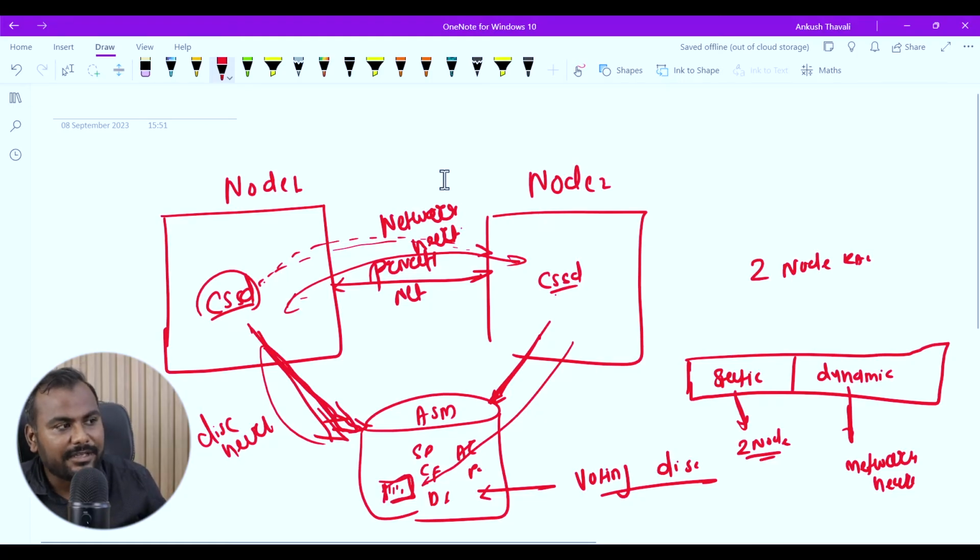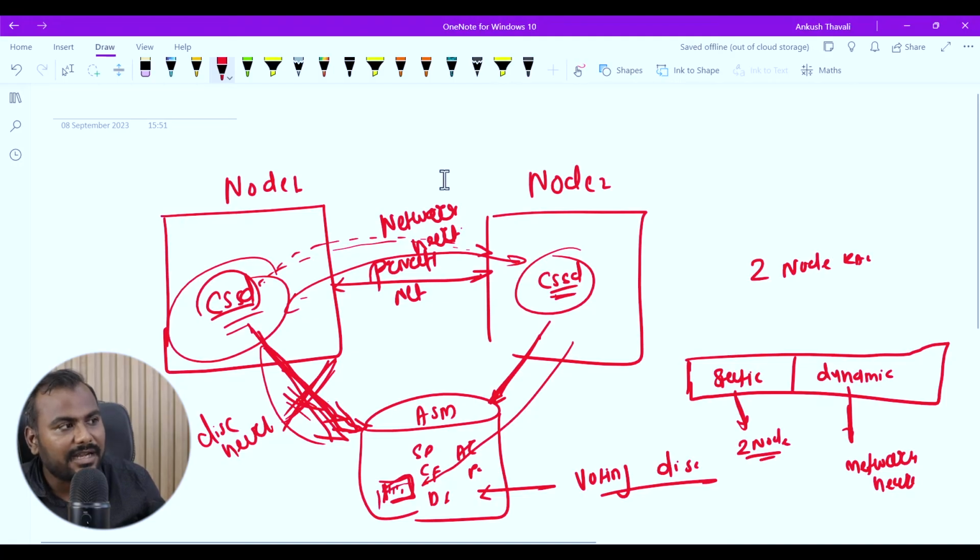Now by any chance if your disk heartbeat has crashed or is not happening, then CSSD will come to know that node 1 is not voting in the voting disk, because the disk heartbeat is no longer available.